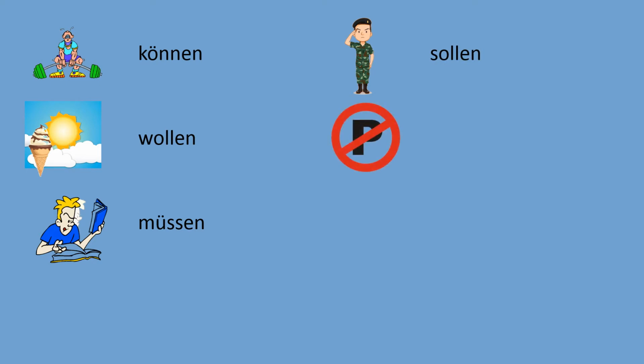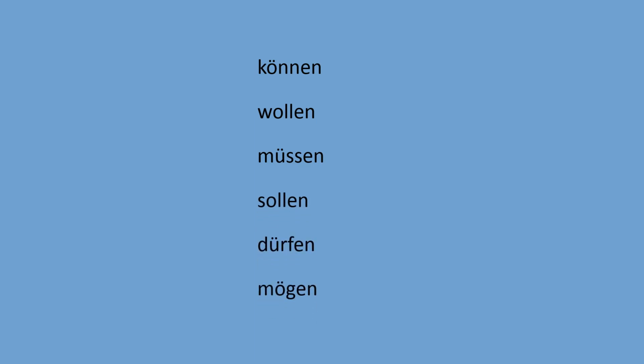If you're not permitted or you're permitted to do something, so it's about permission, we use the verb dürfen. And if you like something or somebody, we use the verb mögen. So those are modal verbs. Let's review them once again: können, wollen, müssen, sollen, dürfen und mögen.